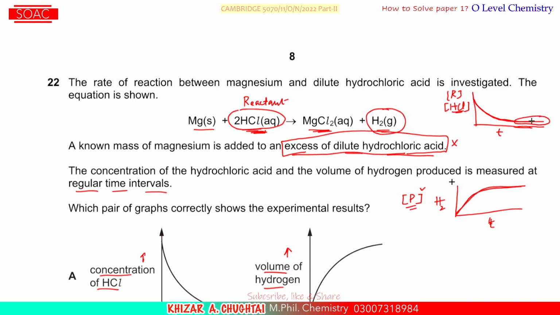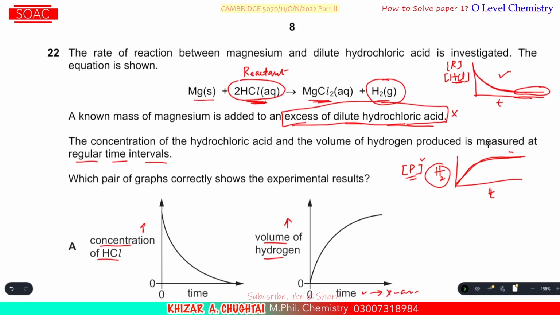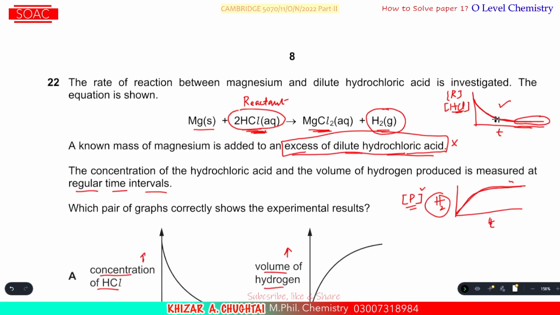The ending point of this line must be above the x-axis. So this is the basic style of the graph of HCl versus time, and this is the style of hydrogen versus time. Let me check which option is correct. Once again, HCl versus time should be a decreasing pattern curve, and the volume of hydrogen versus time should be an increasing pattern.